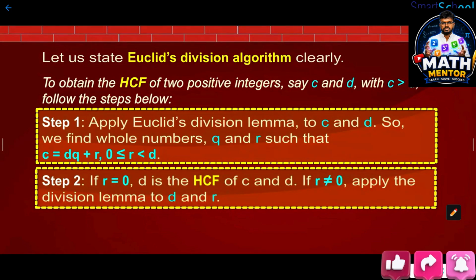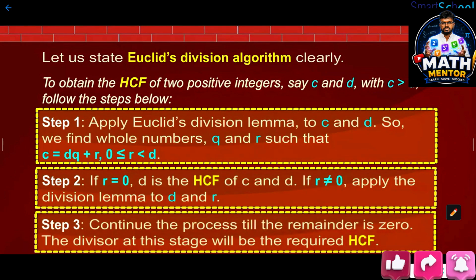Step 2. If r is equal to 0, d is the HCF of c and d. If r is not equal to 0, apply the division lemma to d and r. Step 3. Continue the process till the remainder is 0. When the remainder becomes 0, the divisor at this stage will be the required HCF.